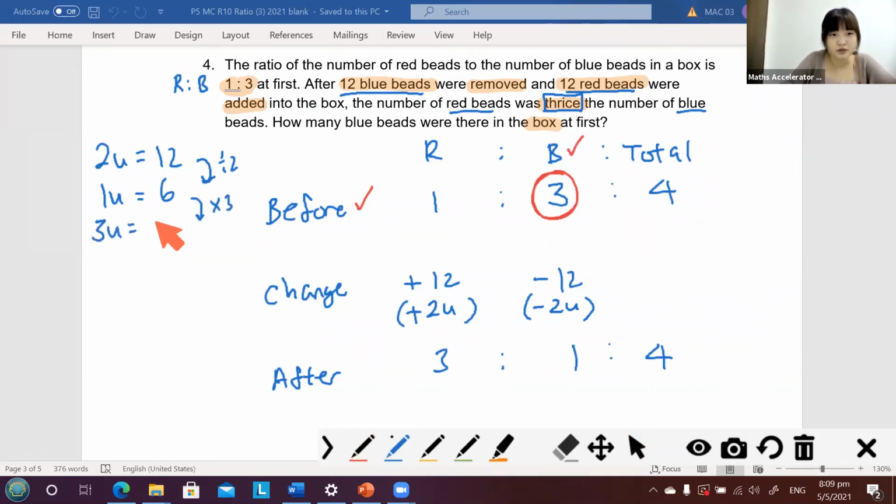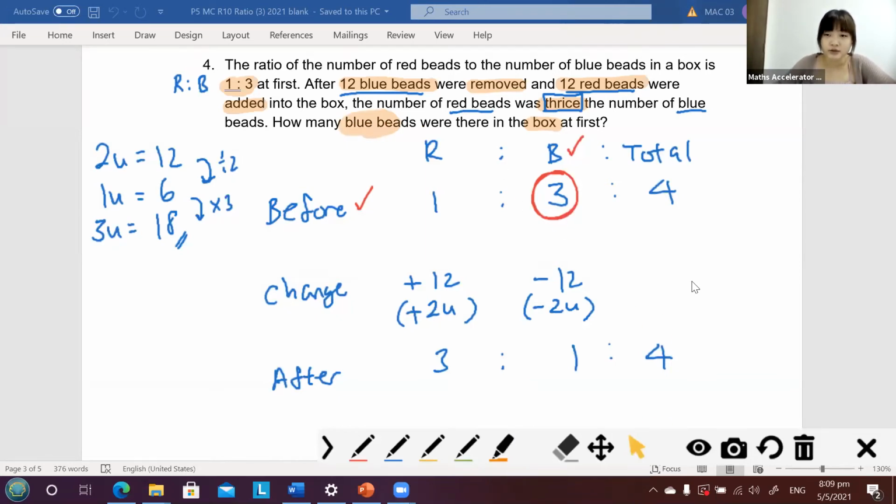So times 3 will be 18. So those of you who type 18 in the chat, okay, that's correct. If you didn't get 18, okay, go and check what happened. You used the wrong units. Okay, I think some of you put 24, right? 24 is total beads. They want blue. Okay, so that's only 3 units.